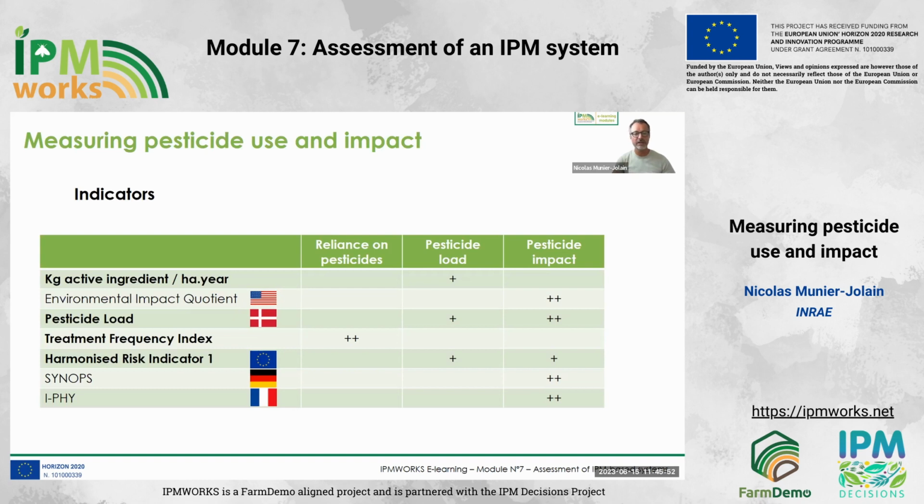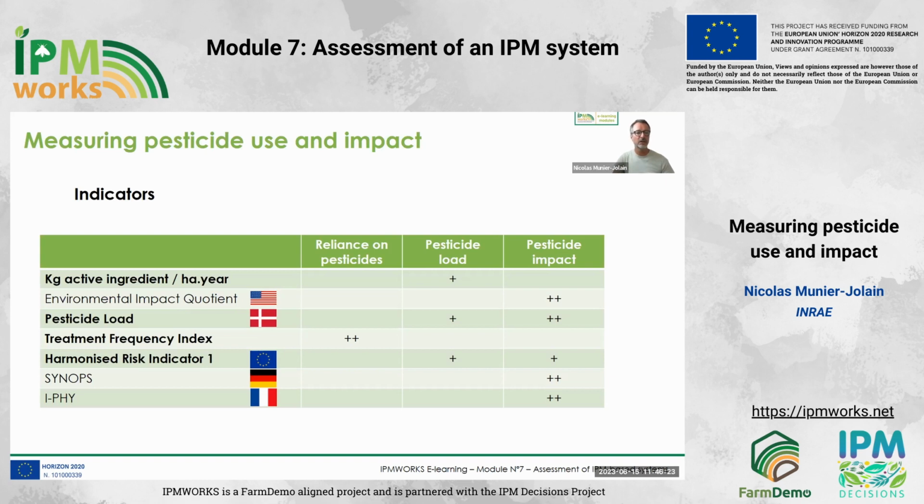We have the harmonized risk indicator number 1, which is also measuring both pesticide load and pesticide impact. And we have many systems and solutions and models to measure pesticide impact, among which 2 are presented here: the Synops model, which comes from Germany, and the IFI index, which was developed in France.